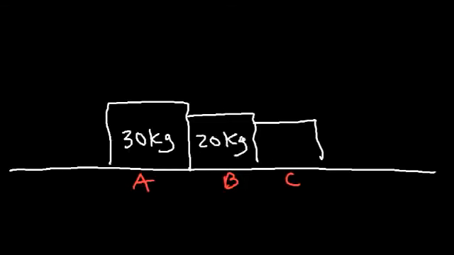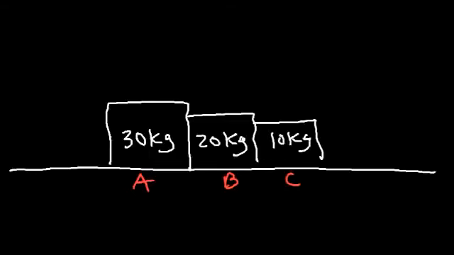Let's try another example like this so you can understand the concept. So this time we're going to have 3 blocks. We're going to call the first block block A, and then this is B and C. The first block is going to have a mass of 30 kilograms. The second is going to be 20, and the third is 10.